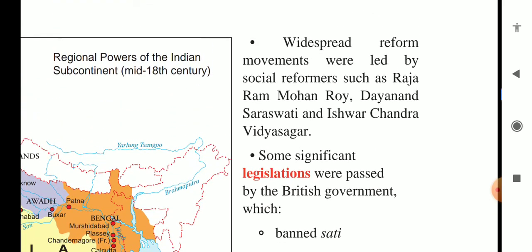Widespread reform movements were led by social reformers such as Raja Ram Mohan Roy, Dayanand Saraswati and Ishwar Chandra Vidyasagar. Many social changes in India were due to these three reformers, who directly or indirectly were responsible for them.